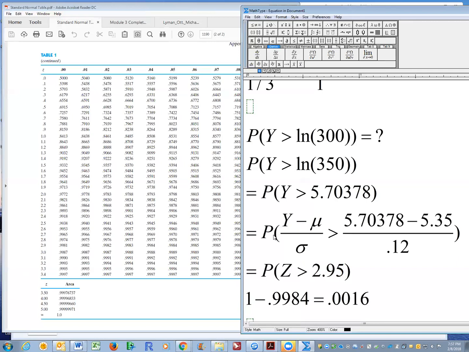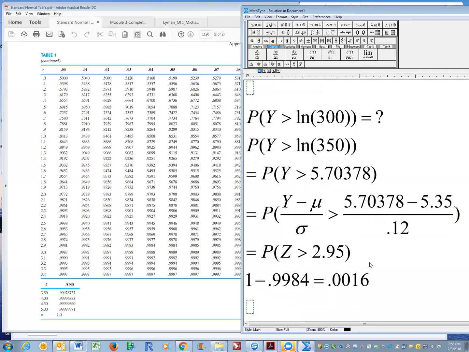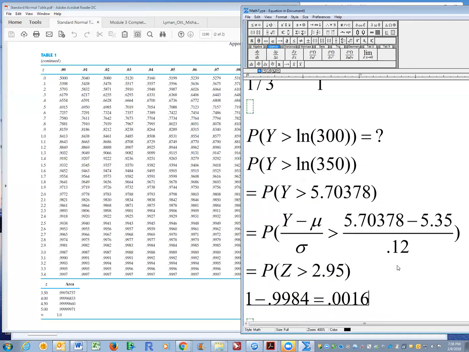I wish it had a little more flexibility. But in terms of exams, if I noticed in your work you rounded this to 5.7 and you had 2.92 and you got 0.0018, that would be fine. You'd get full credit for it. But that's the system that it is. So really the issue is just rounding, to make a long story short.